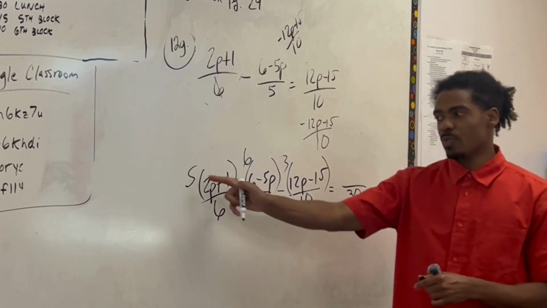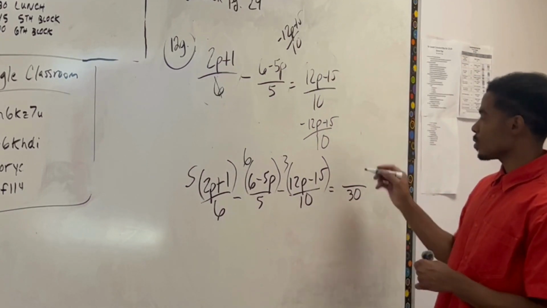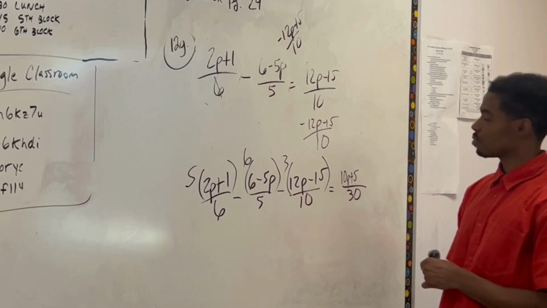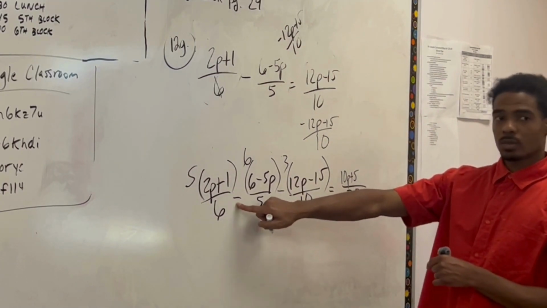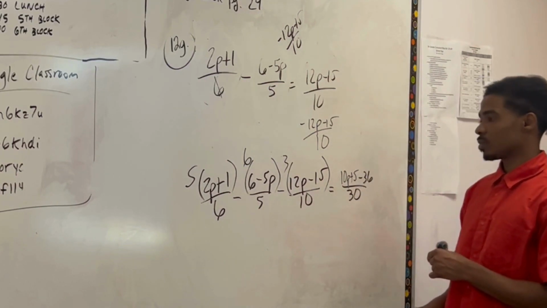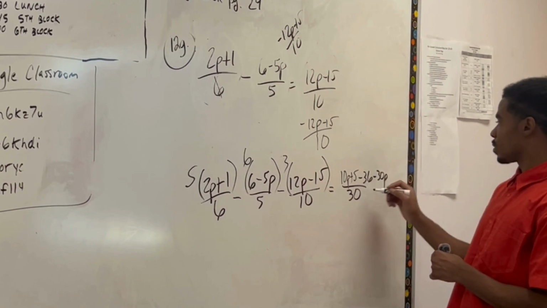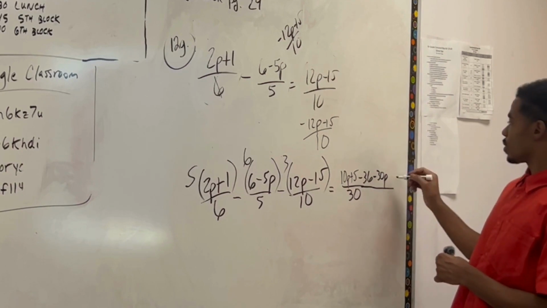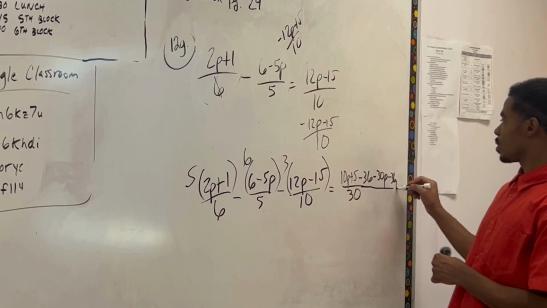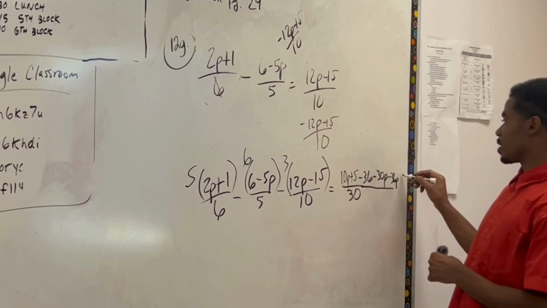Okay, now you just distribute. What would this give me? Negative 3 times negative 15 is a positive 45.